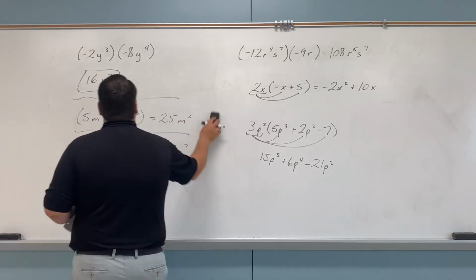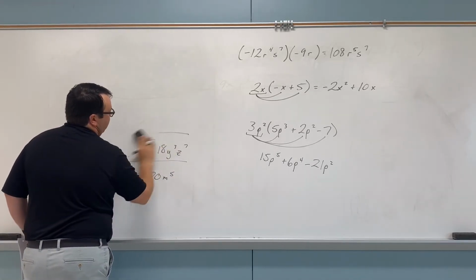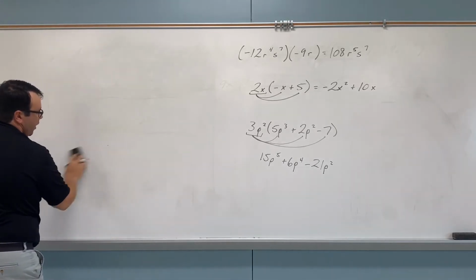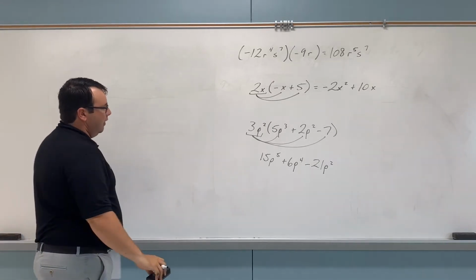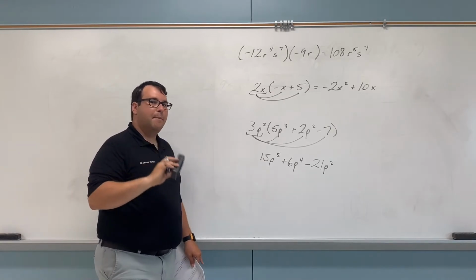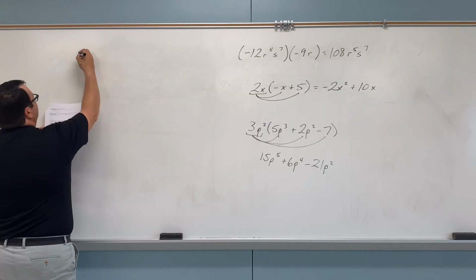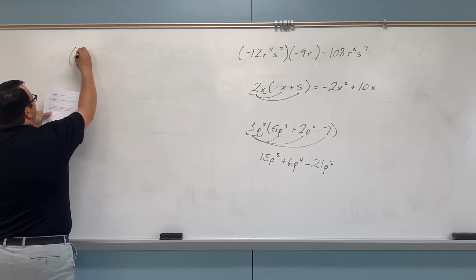Now, as you're going through multiplication, especially in this section looking at polynomials, you might encounter another type of example where you have a binomial times a binomial. Now that process is actually very, very simple, and there's two different techniques that you can use.